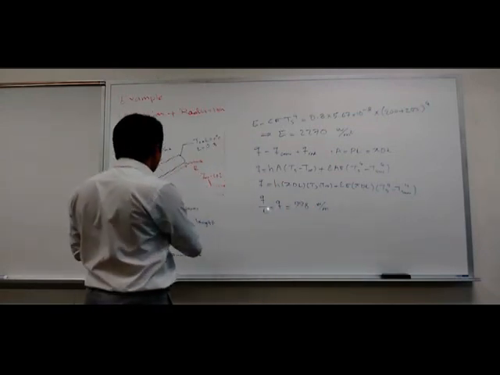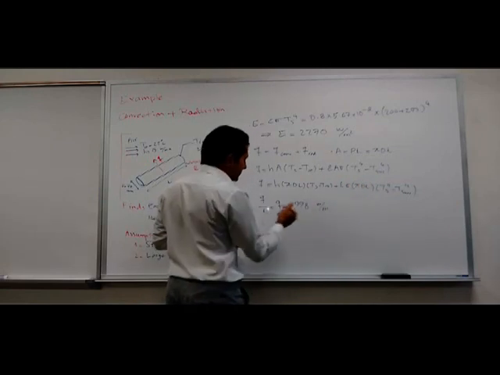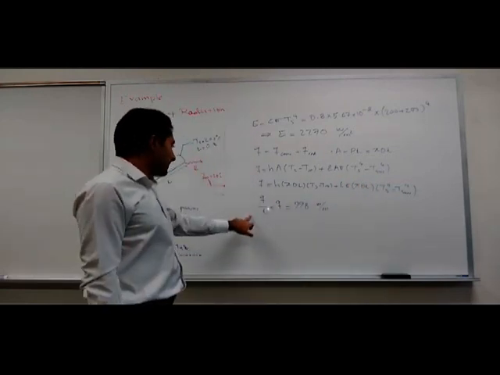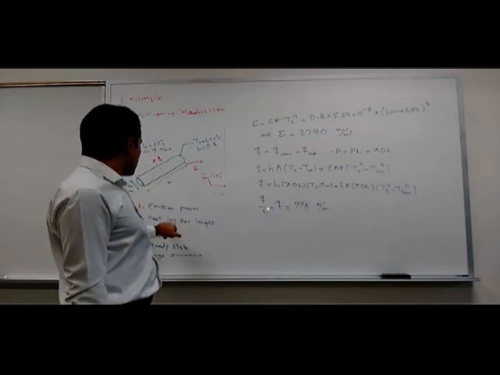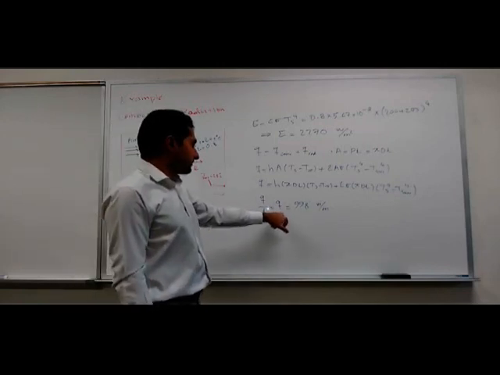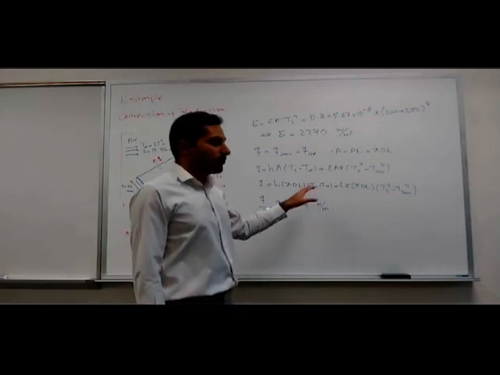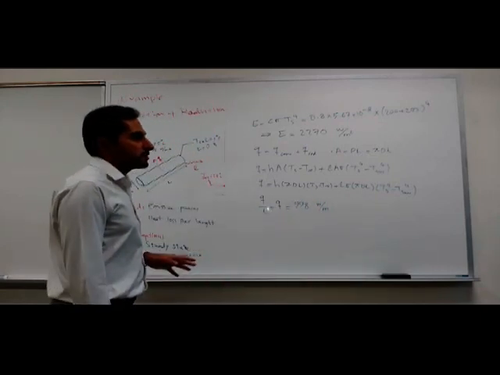If you plug in all of the known parameters again, we can find that Q over L, which is the heat loss per length of the pipe, is equal to 998 watts per meter.